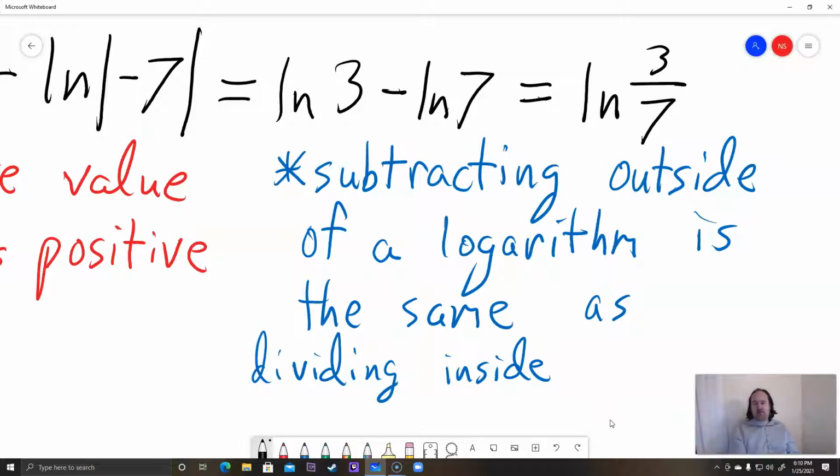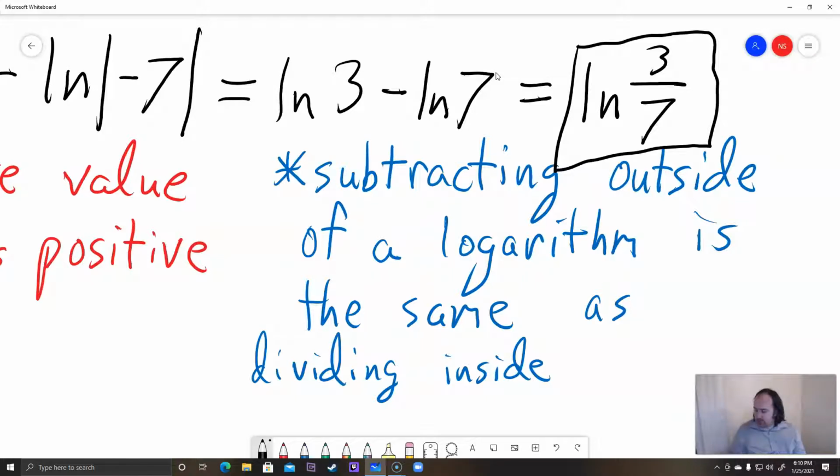Okay, ln of 3 over 7. And that's actually how they want you to write your answer. So at the end, if you can combine logarithms like that, they do want you to do that. Okay. All right, so that's our first example. That one was a definite integral. So hopefully that one's not too hard.